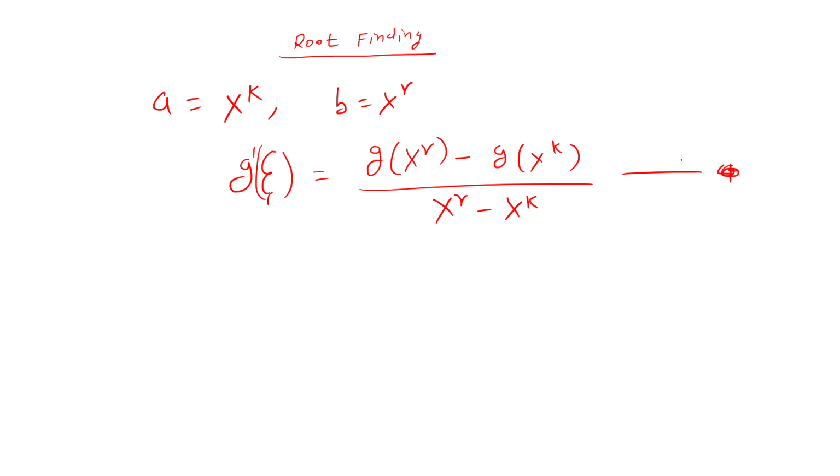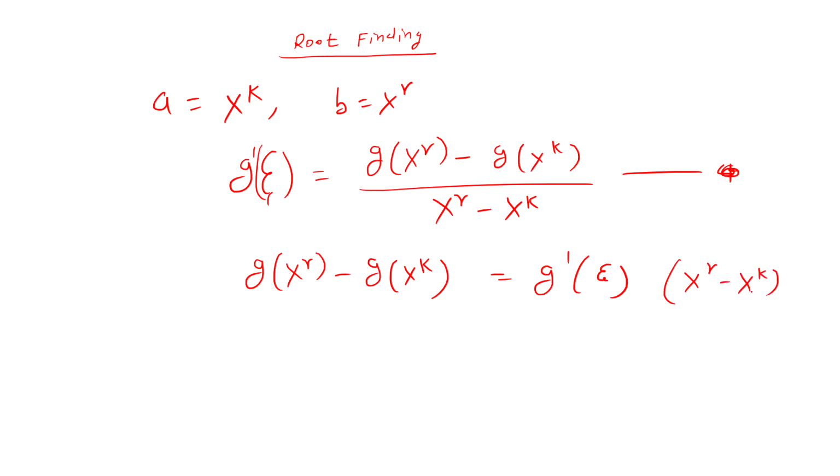From this let us write down that g of x r minus g of x k equal to g prime chi times x r minus x k. Let us say this is my expression 4.